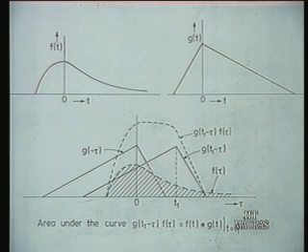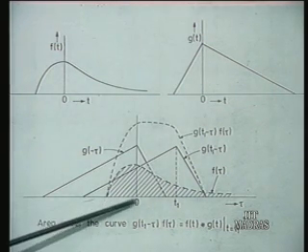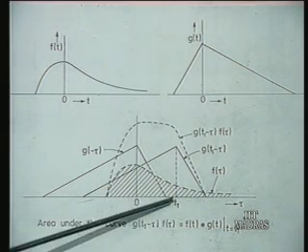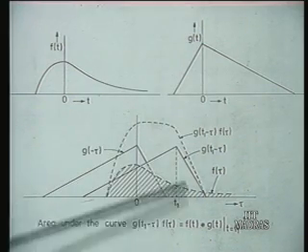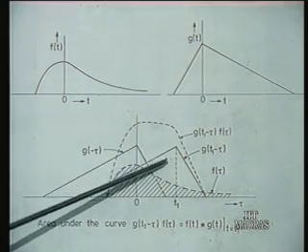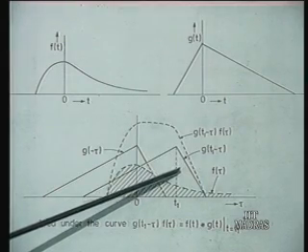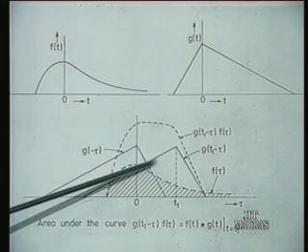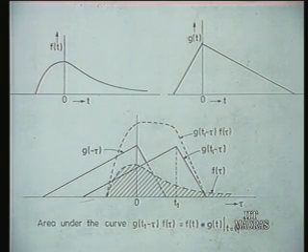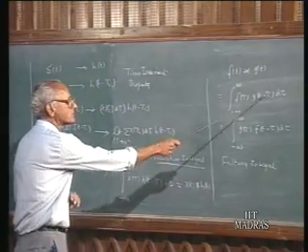Then suppose you want to find the convolution integral for a particular value, say t1. Then this g of minus t, you advance it in the forward direction by an amount equal to t1. This becomes g of minus of t minus t1, that is g of t1 minus t. That means you shift it. Now, in this convolution we have the product f tau g of t minus tau.